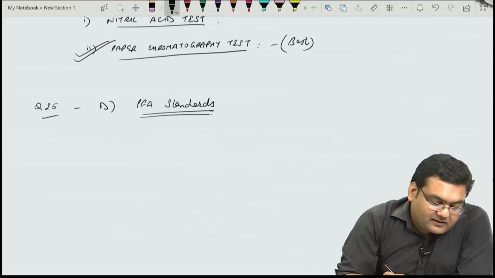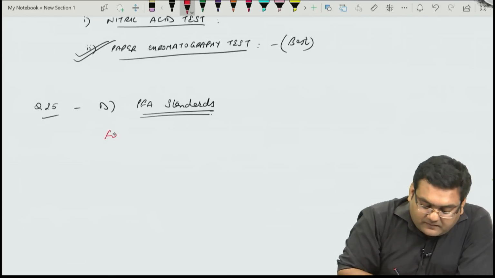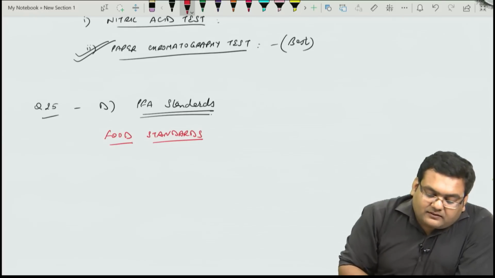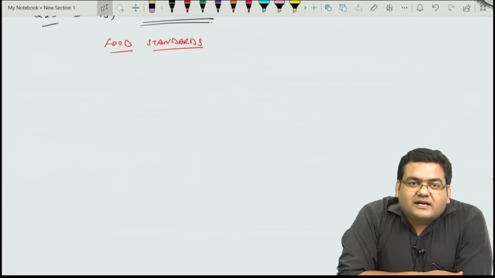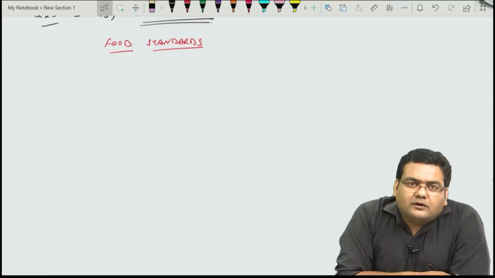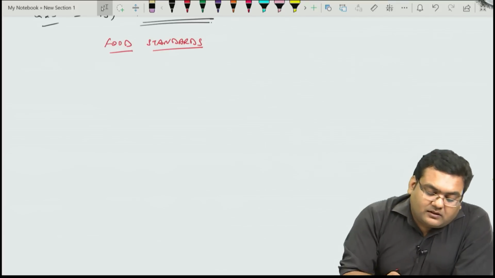Now let us try to answer this question. Food standards. Four standards have been specified pertaining to the quality of food available in India.